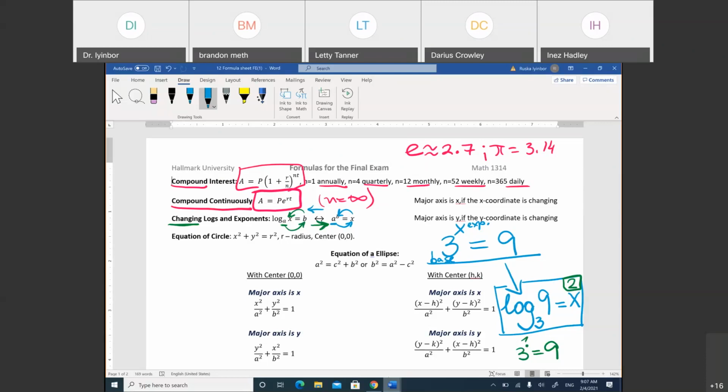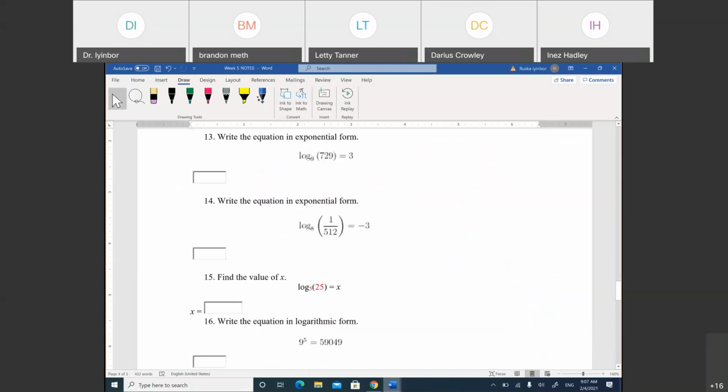We have some examples here. We're going to do that circle, switching it around. When it says write the equation in exponential form, we're going to switch it. We have a logarithm, right? So what is the base? The base is 9. Then you write this, and then you write this.